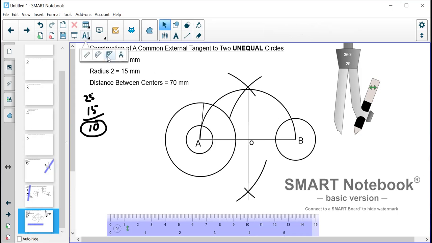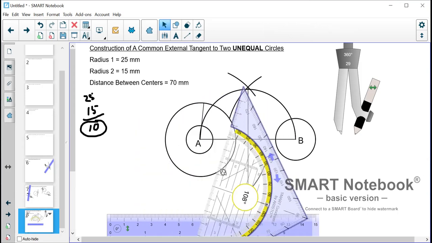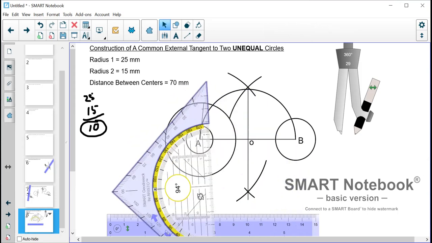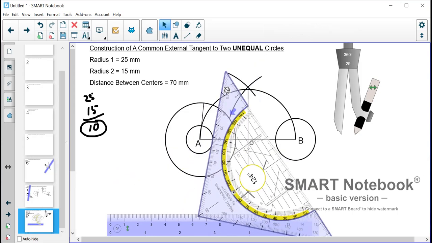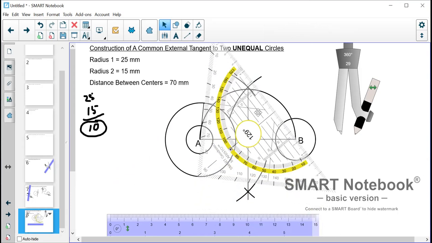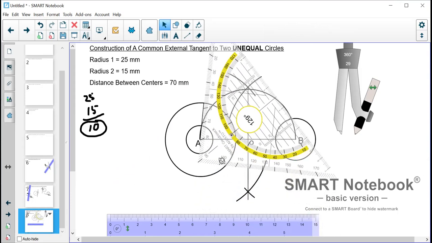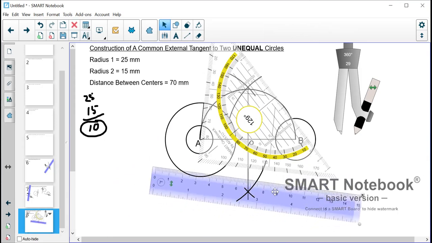So we'll utilize this set square, and we'll place it on the line. Of course, this process is called sliding.